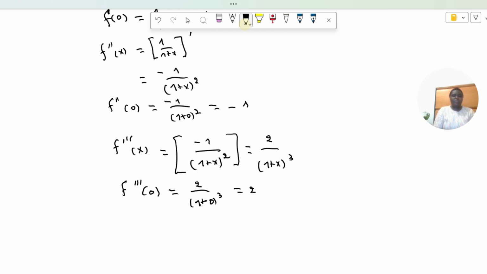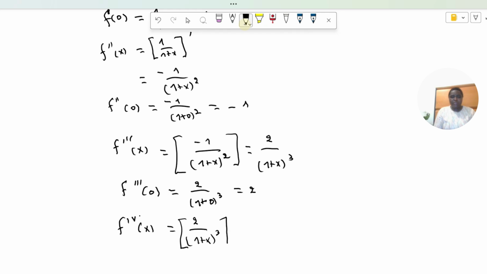And next, what do we do? Because we have been asked to compute 4 terms, let's compute the fourth derivative. The fourth derivative of our function will be equal to the derivative of the third derivative, so the derivative of 2 over 1 plus x power 3.